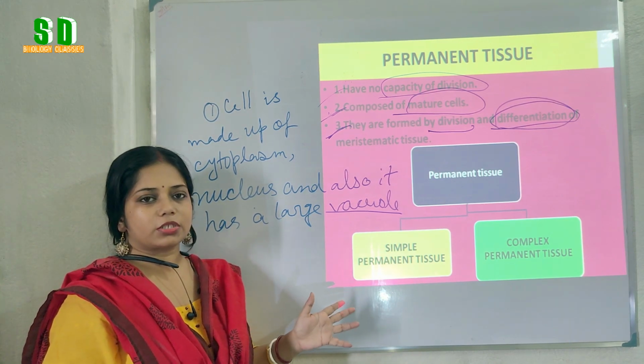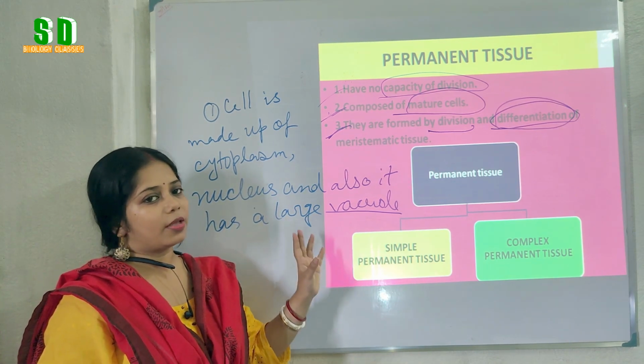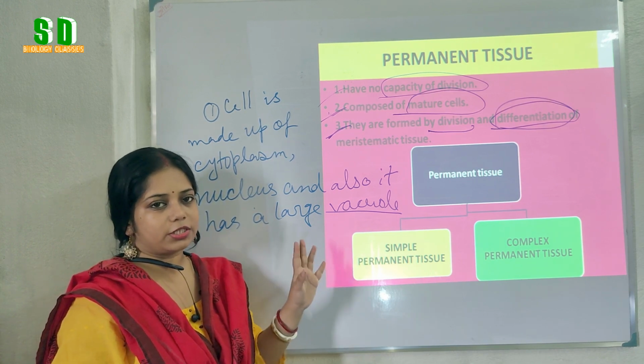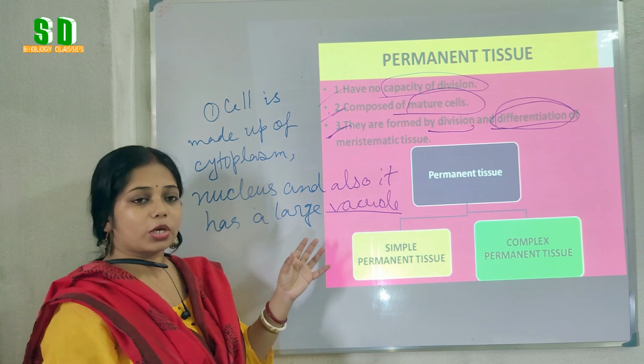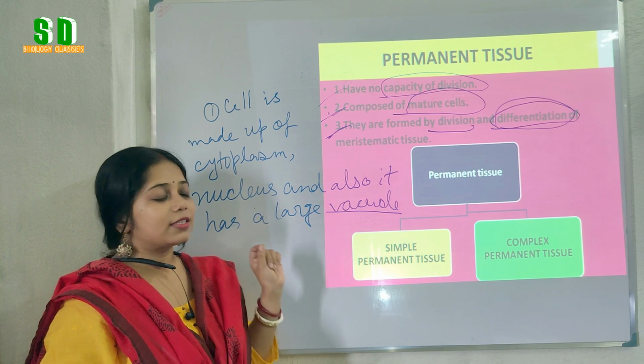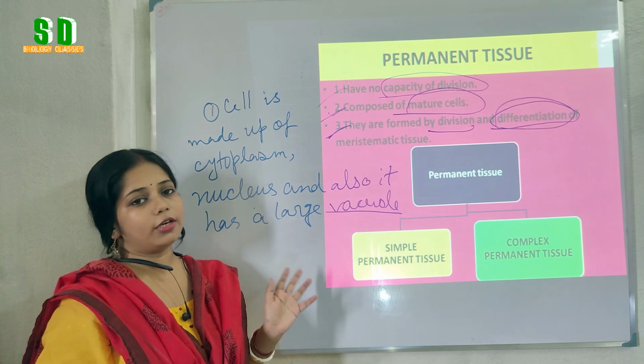In the case of meristematic tissue, the cells do not have vacuoles, but here the permanent tissue cells have vacuoles within them, and due to the presence of the vacuole, the cytoplasm is present at the periphery of the cell. The cell wall can be thin or thick.